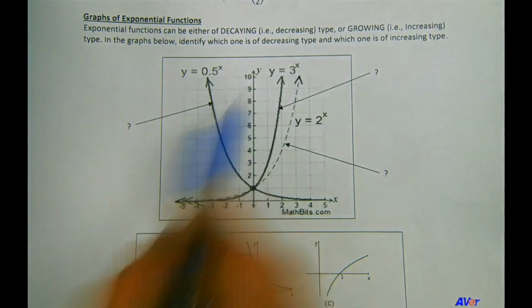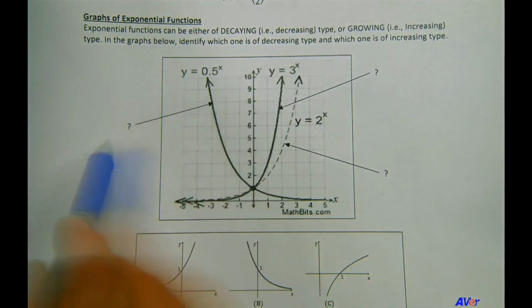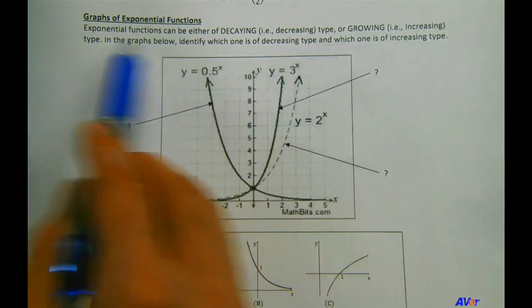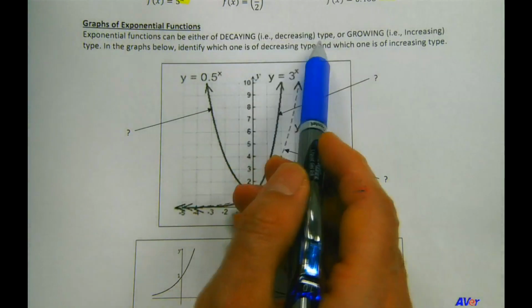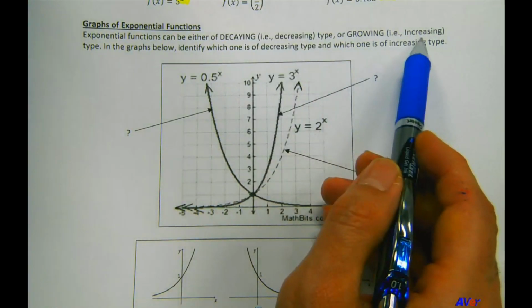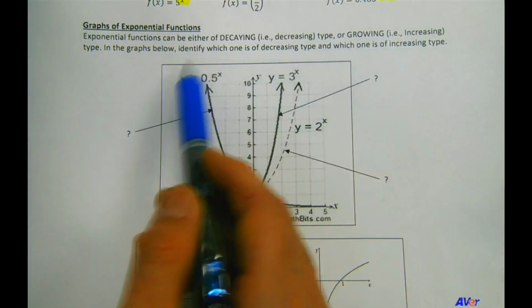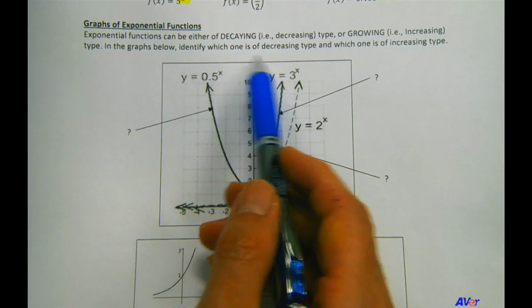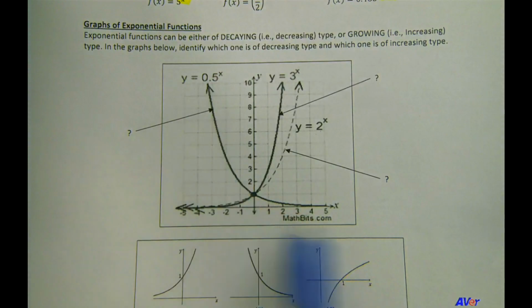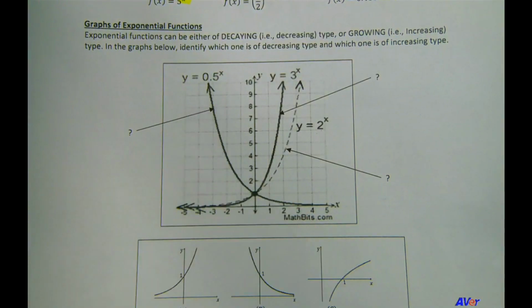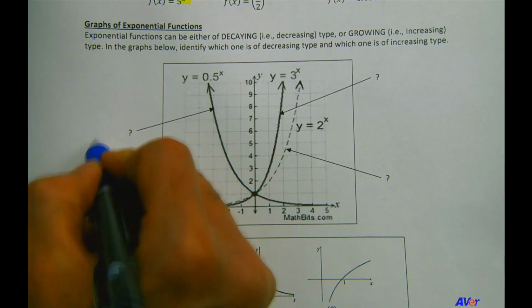So this one is actually asking us to answer some question. It says exponential functions can be either of decaying, i.e. decreasing type, or growing, i.e. increasing type. In the graphs below, identify which one is of decreasing type and which one is of increasing type. So we read graphs from left to right. Therefore, this one is decreasing, right?